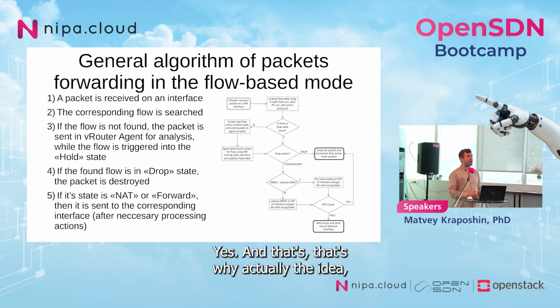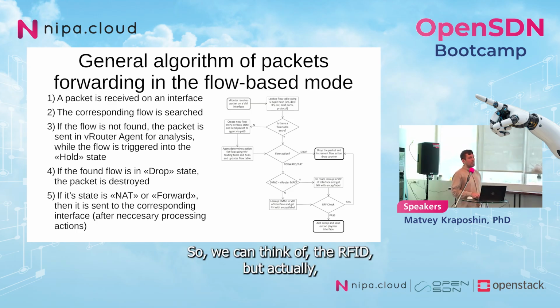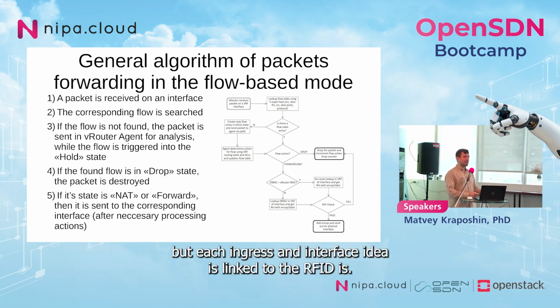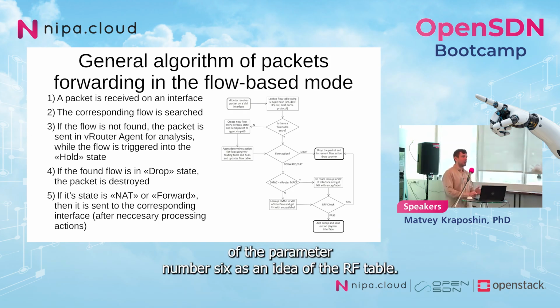That's why VRF ID is added to this tuple. It is added implicitly: we take not a VRF ID but an ingressing interface ID, and each ingressing interface ID is linked to a VRF ID. Therefore, we can think of parameter number 6 as an ID of VRF table.